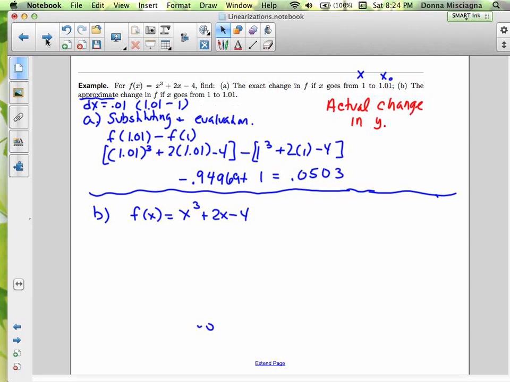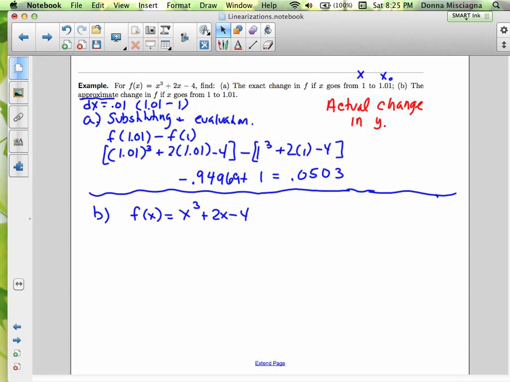Well, the exact change is just plug and chug. We just substituted and evaluated. So I found f of 1.01 minus f of 1. That's all I did. I plugged in the values. How exciting, right? And so the change in y would be 0.0503. That's how y will change given that we change x from 1 to 1.01.